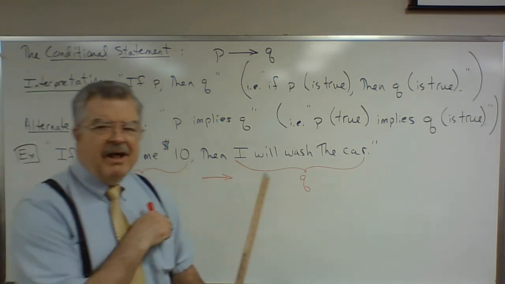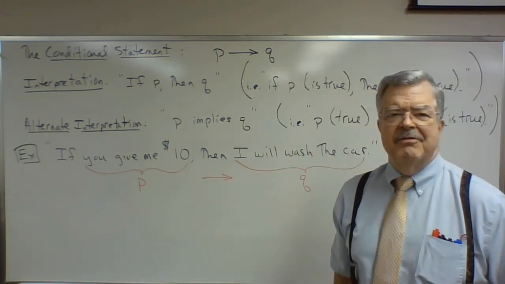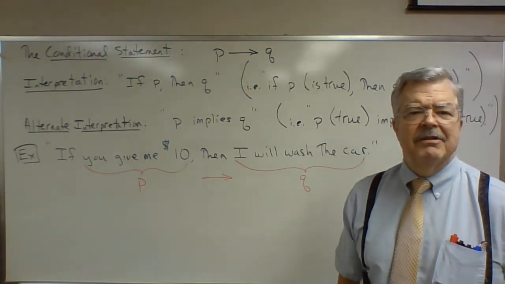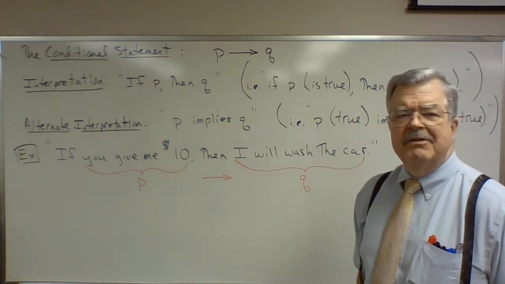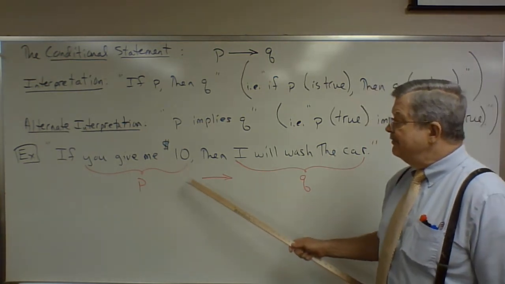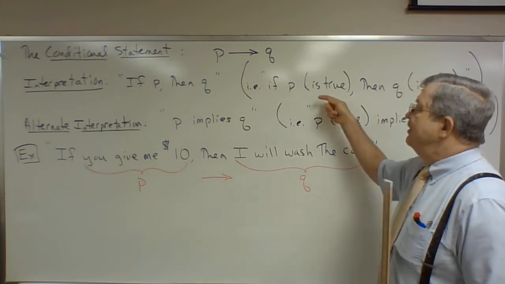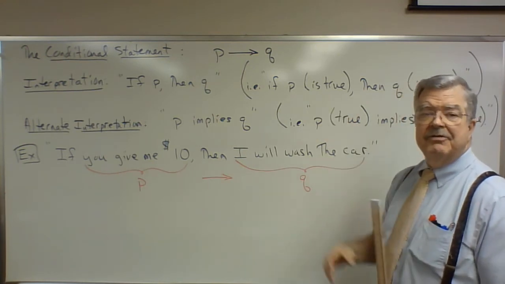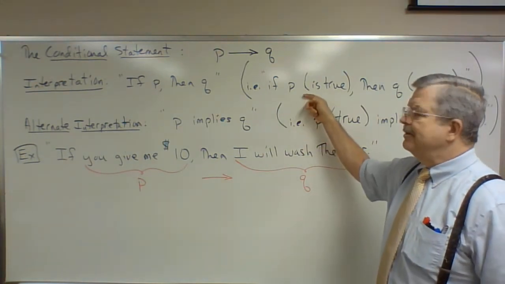Now let's analyze this from our own experience and from our own interpretation of the English language and see exactly what this means and exactly what this doesn't mean. First of all, in an if-then statement, the assumption is that P is true.